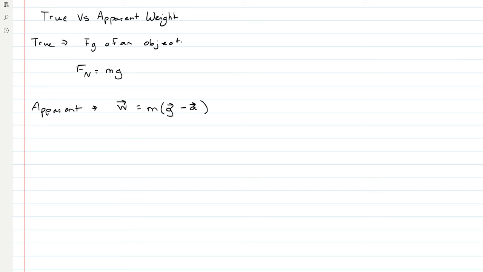And if that cable snapped and you went into free fall, we would be weightless because the Fn, so free fall, is the apparent weight, which is all equal to 0.